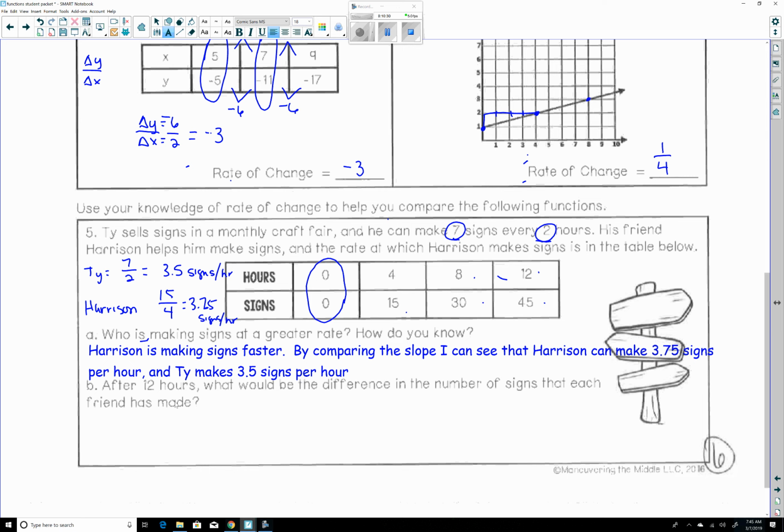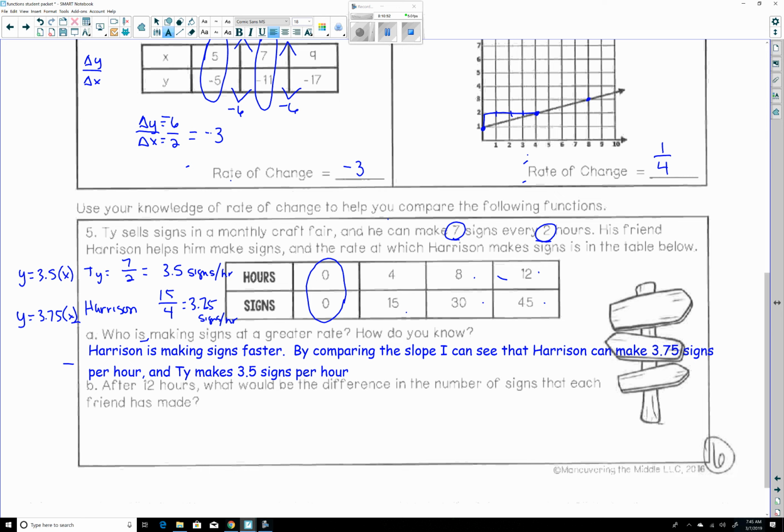This is actually a lesson that's coming up in a couple of days. But if I were to write this equation for Ty, it would be y equals 3.5 times x, and x would be the number of hours. Again, for Harrison, it would be y equals 3.75 x.